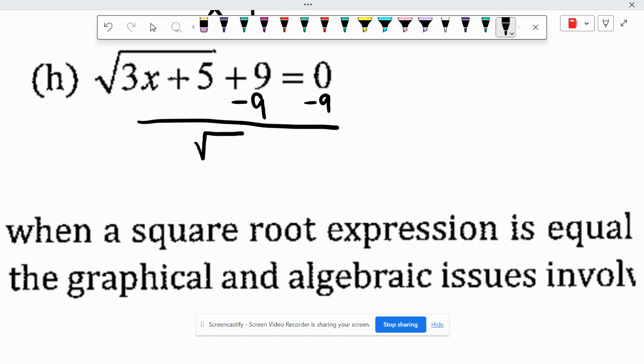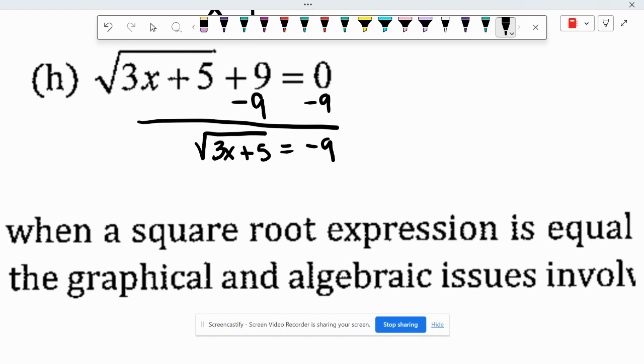So I get the square root of 3x plus 5 equals negative 9. When does the square root of anything equal a negative number? Well, only when there's a negative out front of it, right? Or if it says plus or minus in front of it. So can the square root of that equal the negative?